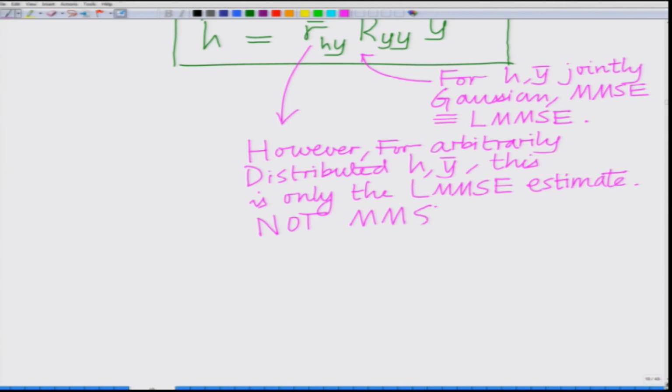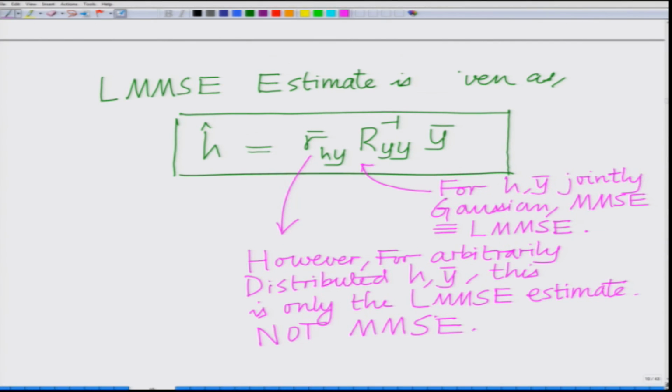So, what you can see is if the joint probability density function of the observation vector y bar and the parameter h is Gaussian, then this expression R bar HY into RYY inverse into y bar is basically the MMSE estimate itself.